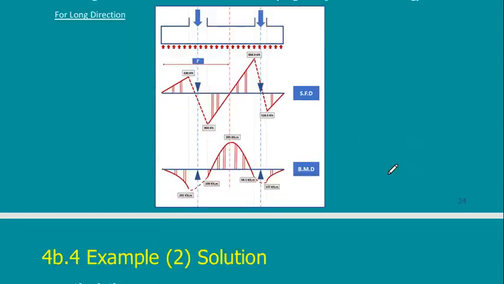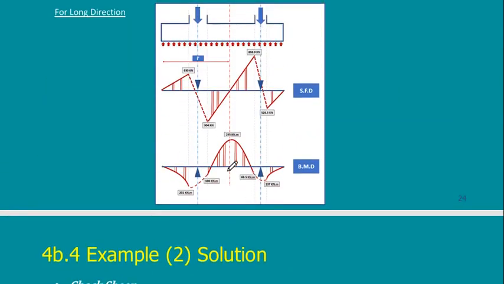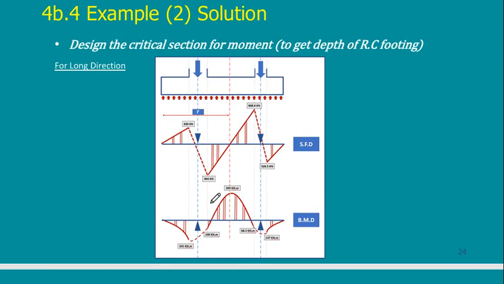You will see this here. This is exactly what I just drew. This is the bending moment at the cantilever here, this is the bending moment at the cantilever there, and this is the bending moment inside the span, which coincides with the point of zero shear.